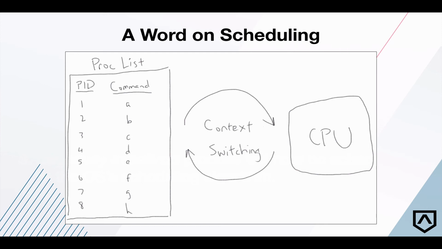And so this process of swapping through all of the available processes, that's called context switching, because the CPU is context switching between a whole bunch of processes all the time. And so this is kind of how we achieve this illusion of true multitasking on modern computers.